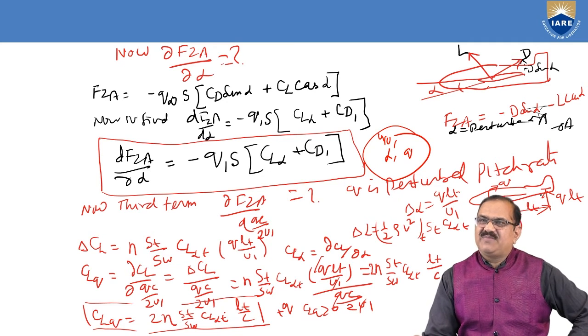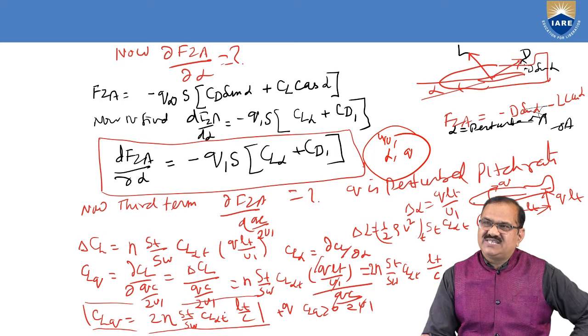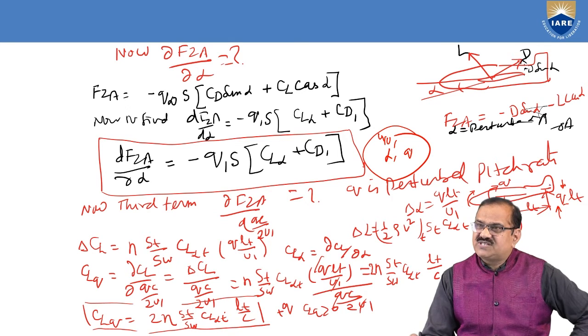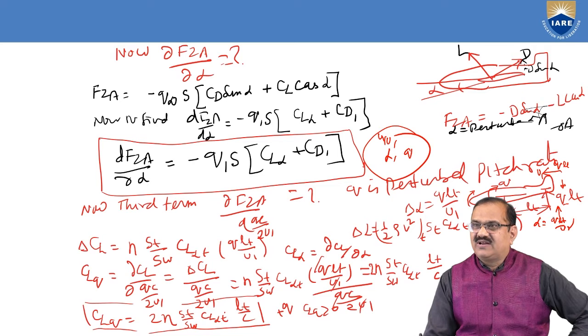If you turn the nose upward by the q rate, the tail will go down, and the relative wind at the tail will go up. The velocity of this wind is q lt upward, and the aircraft is moving in this direction with velocity u1. So the angle of attack α will be q lt/u1.